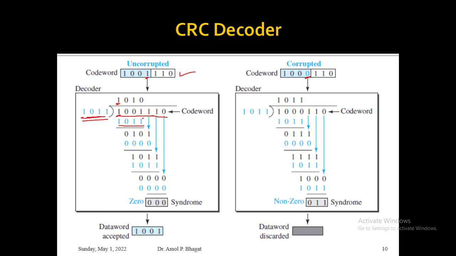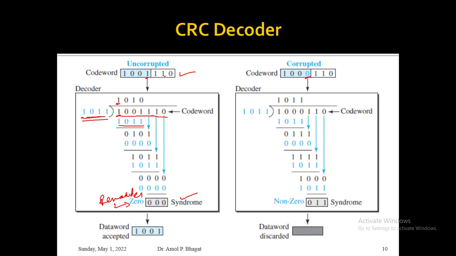After the division, if you receive the code word in uncorrupted form, the syndrome will be 000. Syndrome is nothing but the remainder you receive after performing the division operation. So if the remainder is 000, that means the correct code word has been received.